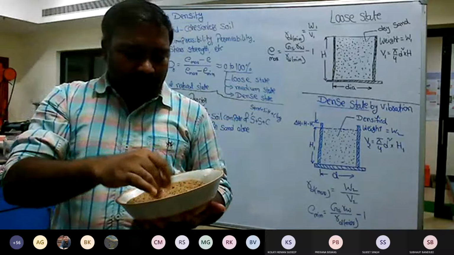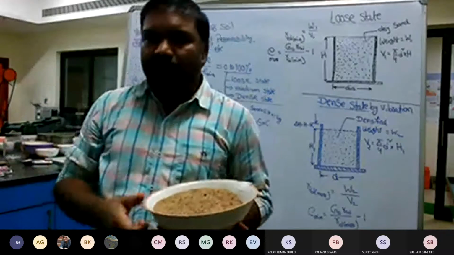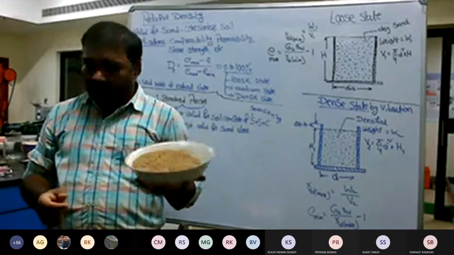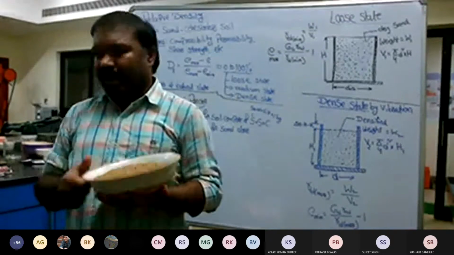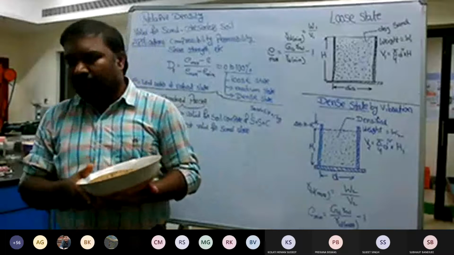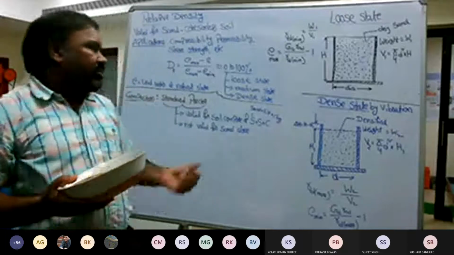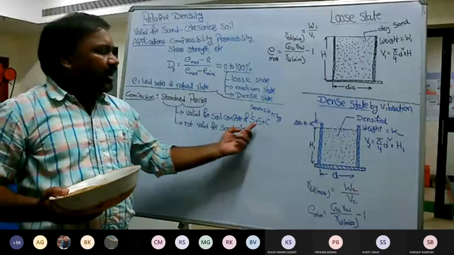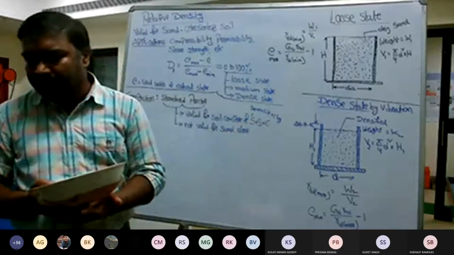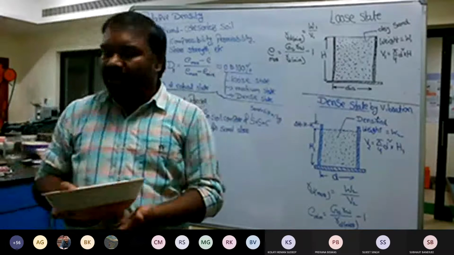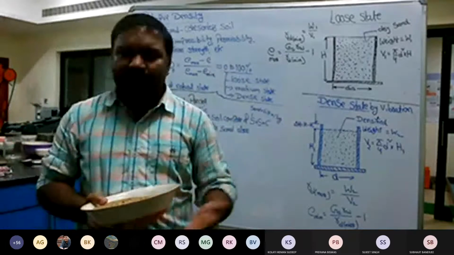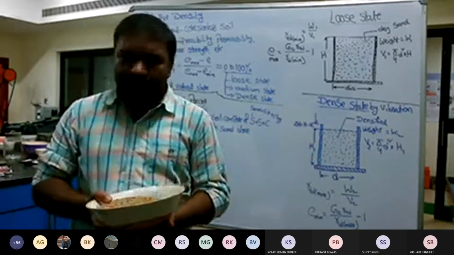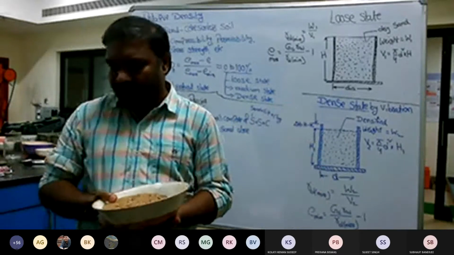In your second year, you have already understood this in construction building materials. Suppose I add water to the sand. The same thing was done when we did the compaction test. There we took a soil consisting of sand, silt and clay particles, added water, and compacted it using the Proctor rammer in the standard mode.